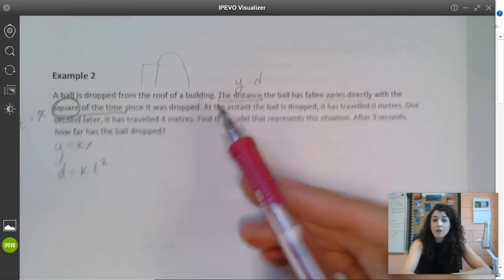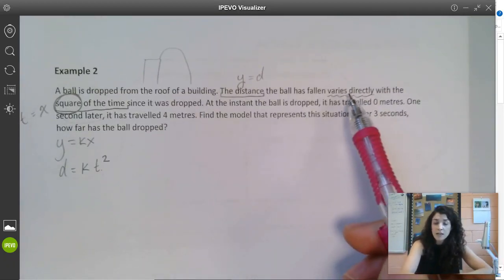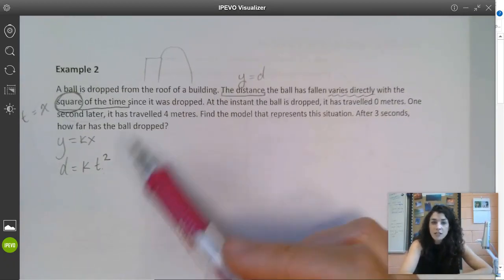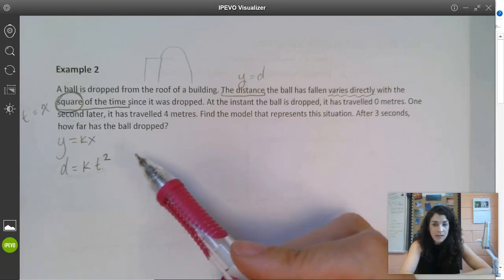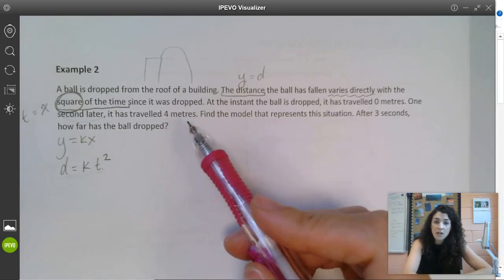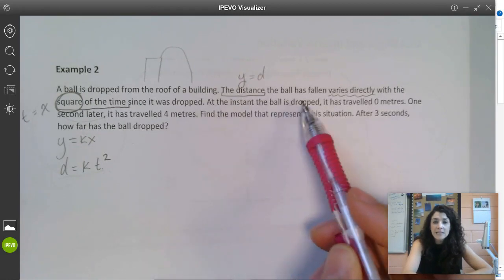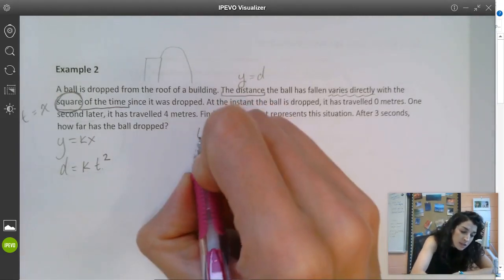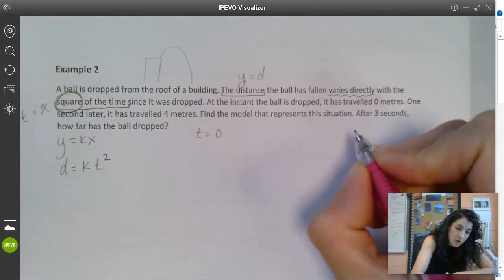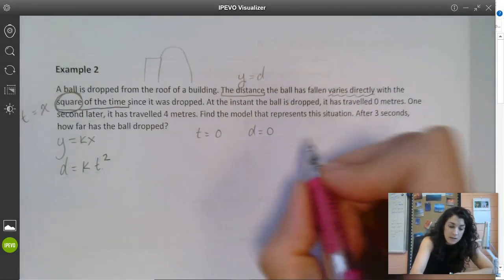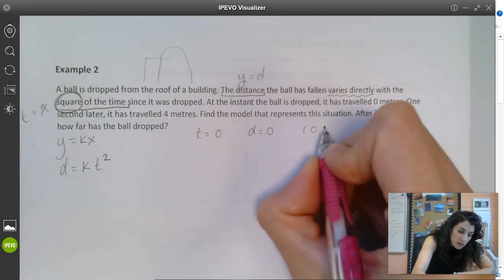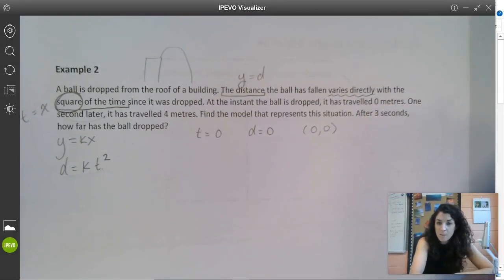All right, I've dealt with sentence 1. I've turned this sentence into a generic formula. Lots of variables, and I'm hoping I'm going to get some values that can help me hone in on this. It says, at the instant the ball was dropped, t equals 0. It's traveled 0 meters. Distance is 0. That's just a point, (0, 0). Cool.